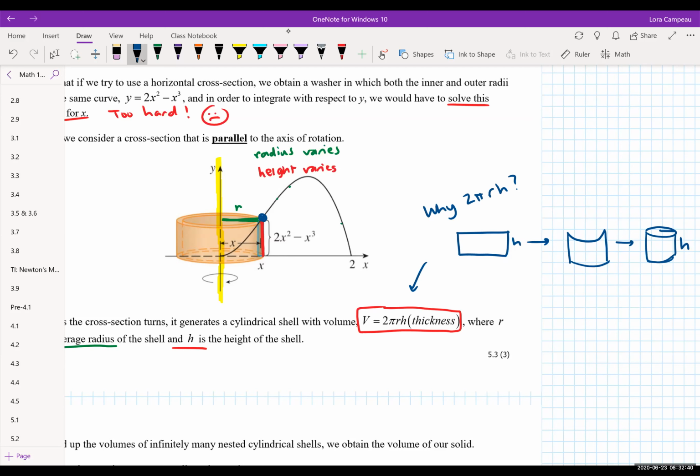But what's actually going on is that this piece, let me color code it in orange, is turning into the circumference of the circle that you're making when you wrap this paper all the way around, and the circumference of the circle is 2 pi r. And so that's where the 2 pi r times h comes from, because you're actually finding surface area.